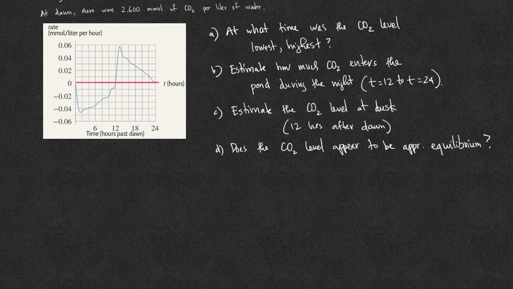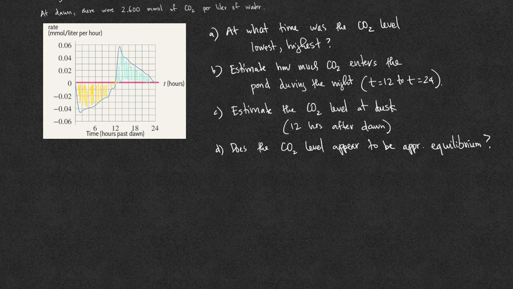From 0 to 12, as t increases, the area keeps getting more negative, which means the CO2 level is decreasing. It is at its lowest point at t equals 12. After 12, the CO2 level keeps increasing, and it reaches its maximum at t equals 24.